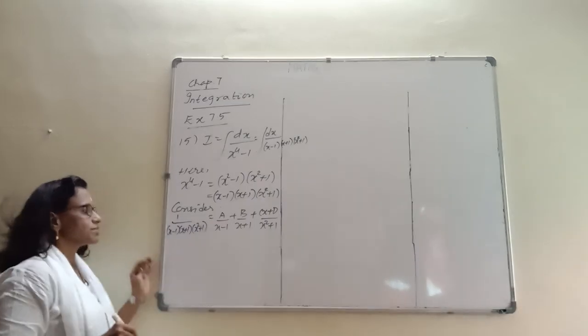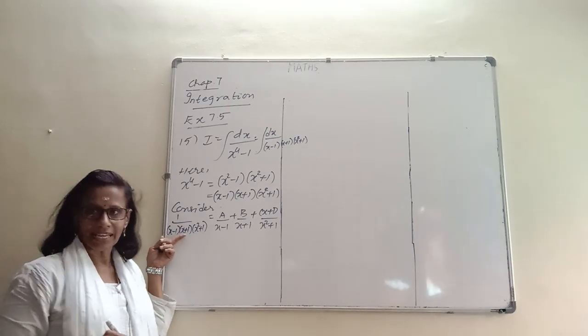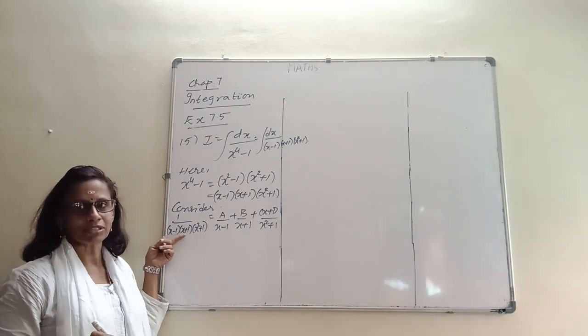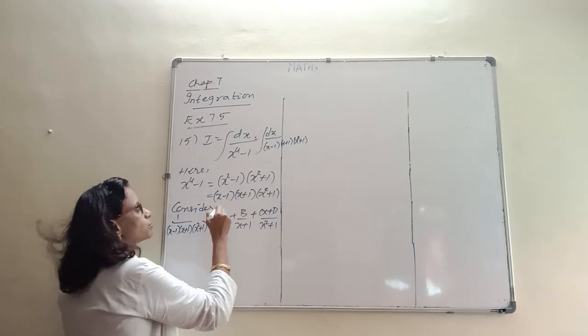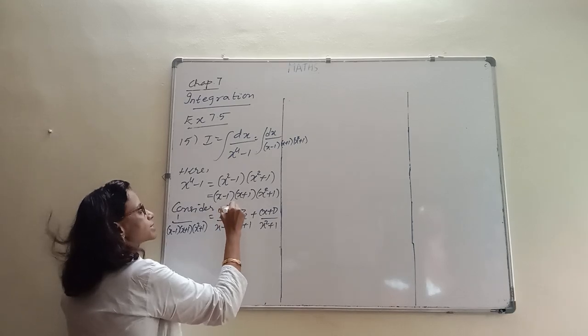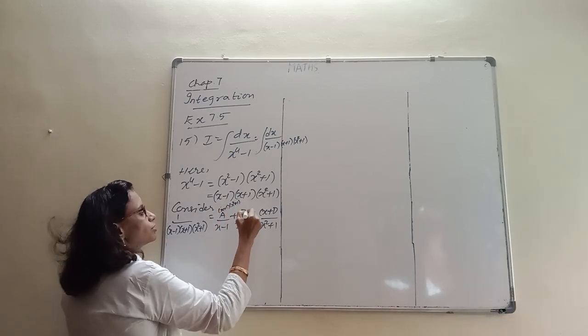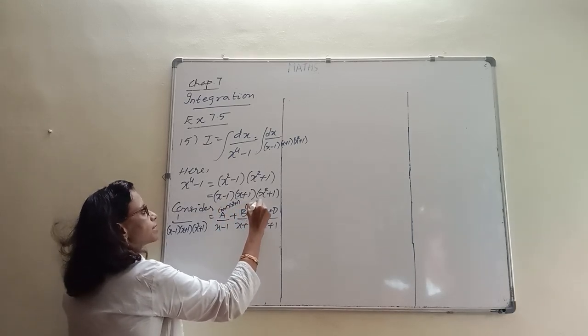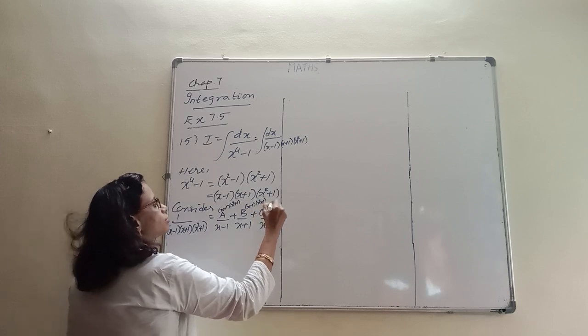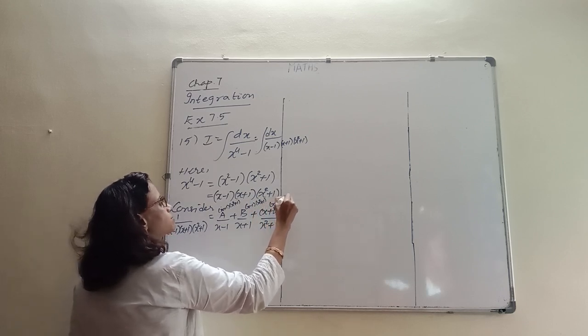That's how it is. Now it's very clear to us that this is the LCM. So you have to multiply the respective terms everywhere. Here you have to multiply x plus 1 times x squared plus 1. Here you have to multiply x minus 1 times x squared plus 1. And here you have to multiply x minus 1 times x plus 1.